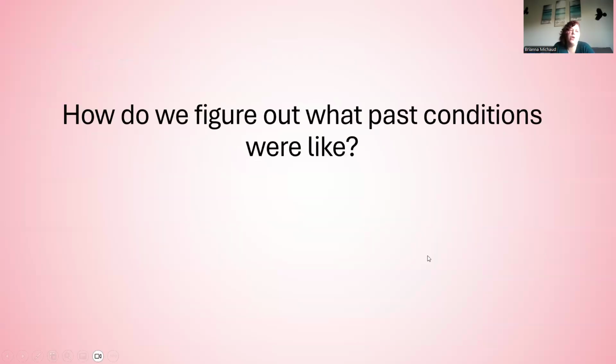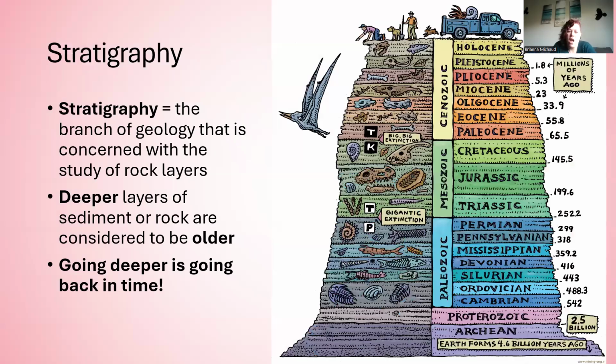So we can learn a lot by looking at past conditions, but how do we figure out what past conditions were like? A big one is what we call stratigraphy. This is the general idea in biology that you can look at older stuff by looking further down into the rock or into the sediment. Because, as we talked about, you'll have a layer of rock, and you'll have sediment raining down on top of that.